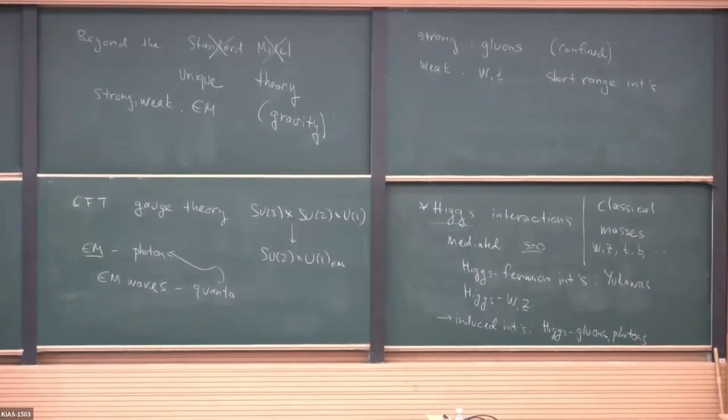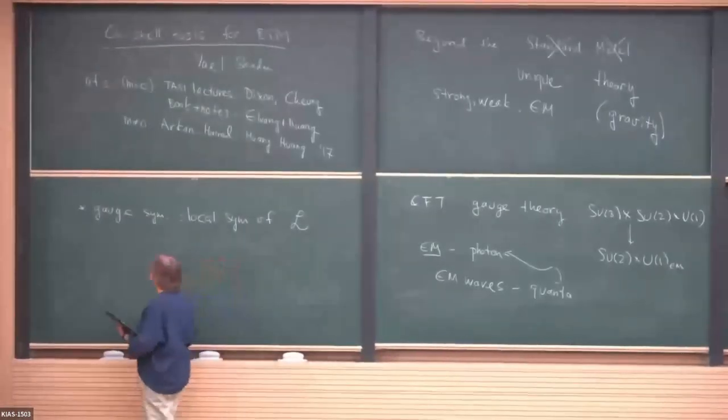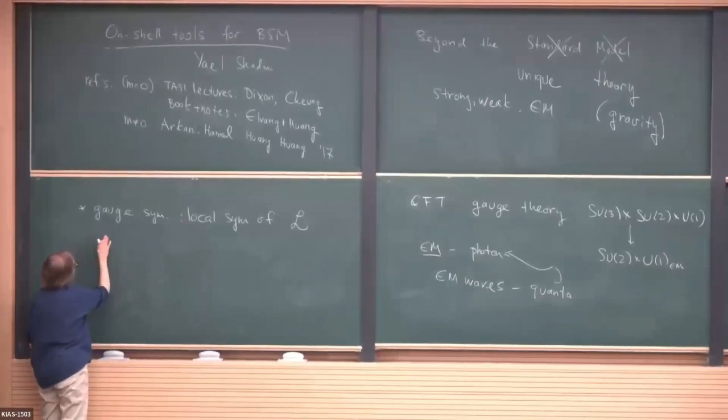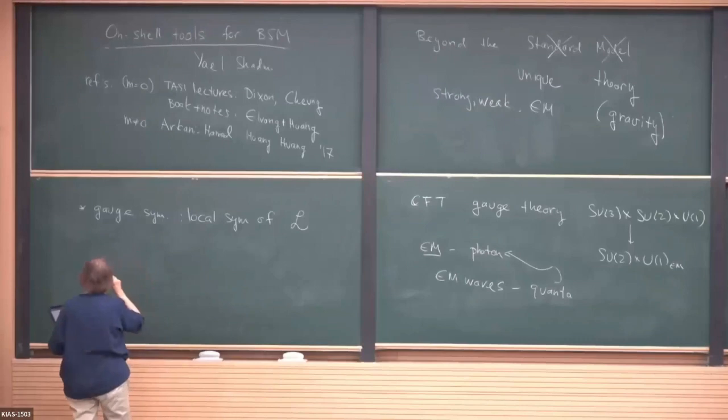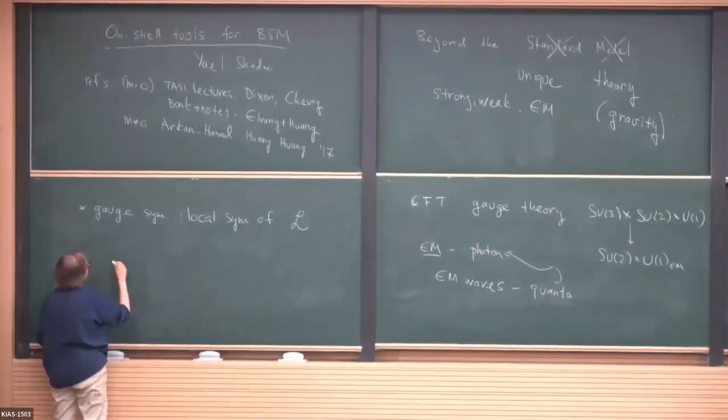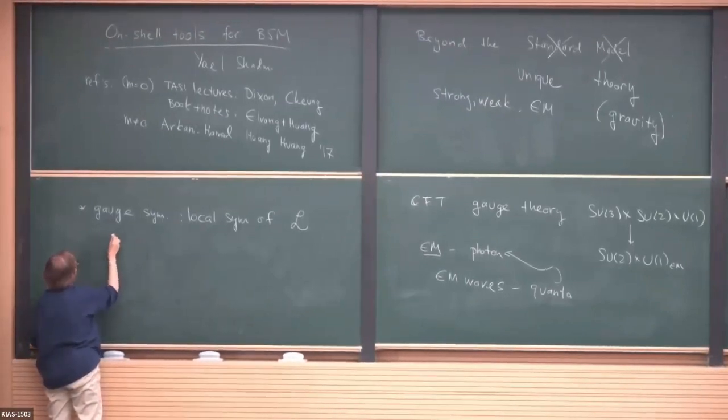So the basic ingredient in the standard model is the gauge symmetry, which is a local symmetry of the Lagrangian. But one of the things that I want to convey in this set of lectures is that another way to get gauge theories is using amplitudes.